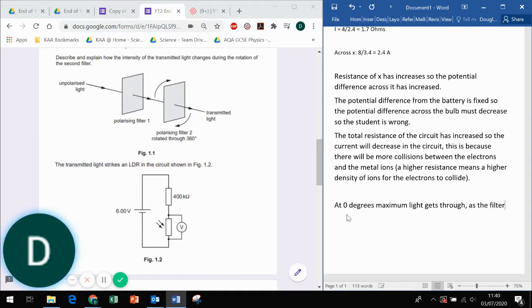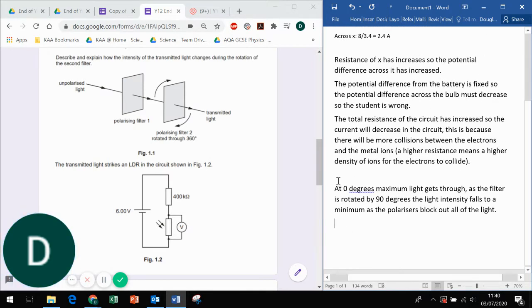As the filter is rotated by 90 degrees, the light intensity falls to a minimum as the polarizers block out all of the light.